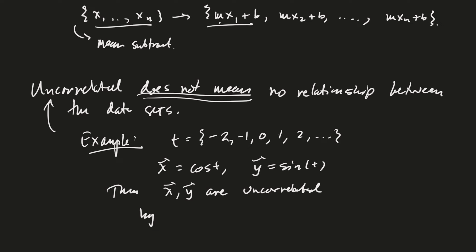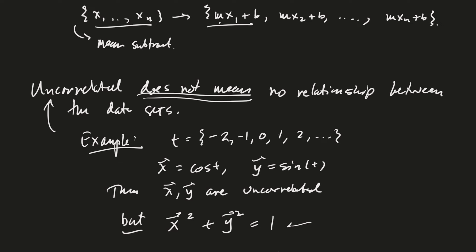But as we know from our trig, if I take the square of each of the elements of x and add it to the square of each of the elements of y, I get 1. Therefore, there is a perfect relationship between x and y, but it's not a linear one, it's a nonlinear relationship.